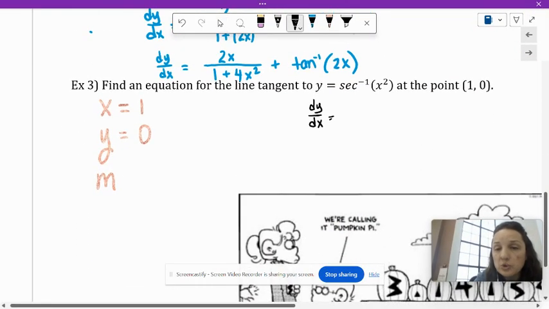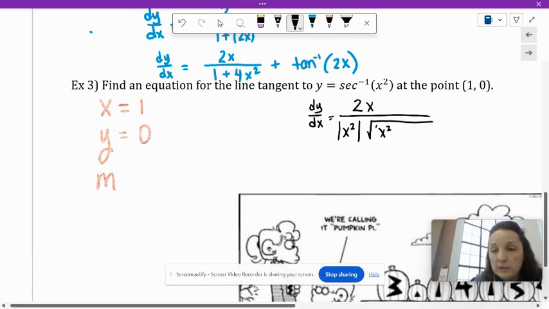So the derivative goes on top, 2x. On the bottom, I have the absolute value of the end, times the square root of the end squared minus 1, which is 2x over the absolute value of x squared times the square root of x to the 4th minus 1.